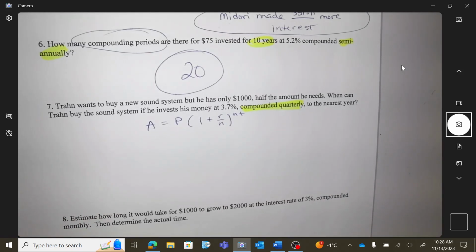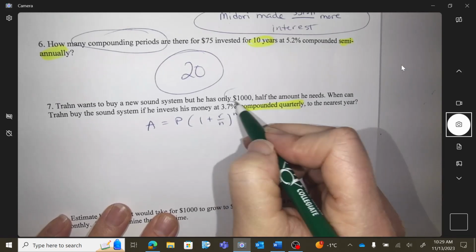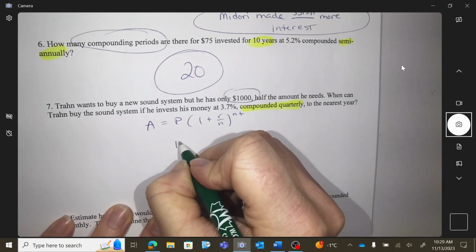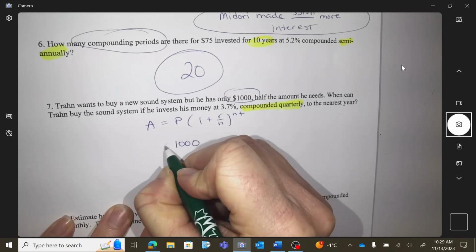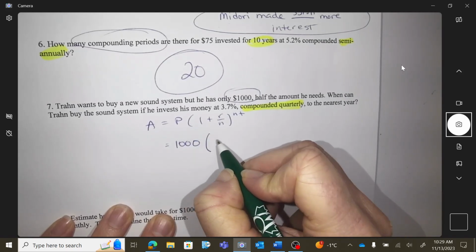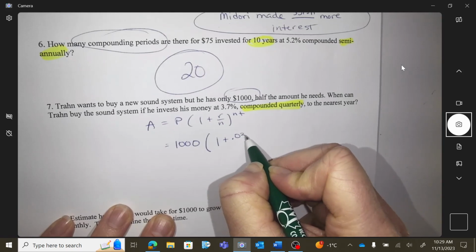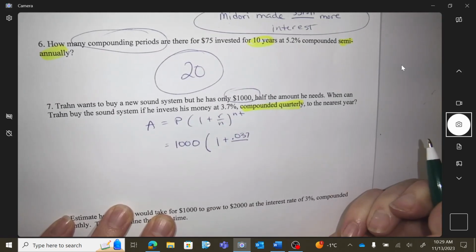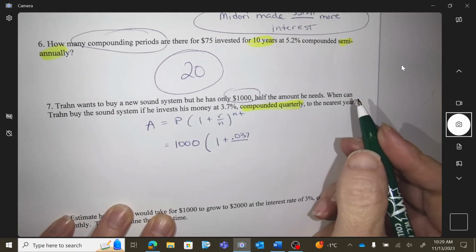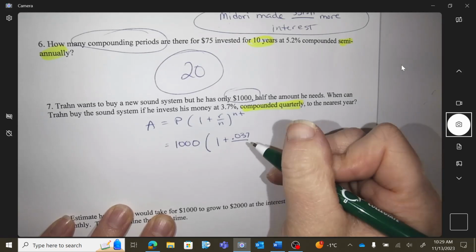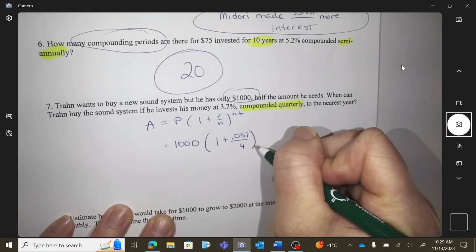Compounding, not regular investments though. Okay, so $1,000, that's what he has at the start. Decimal percent. Compounded quarterly, so then I divide by 4.